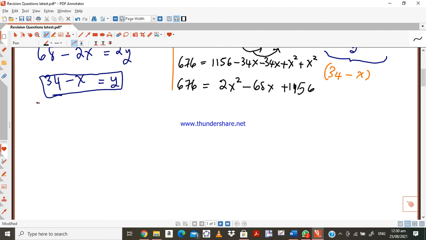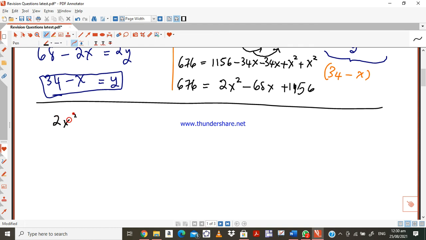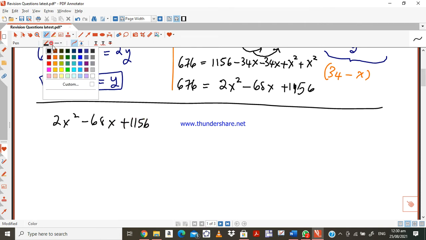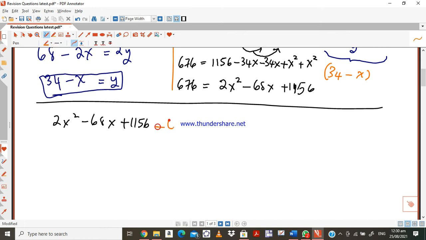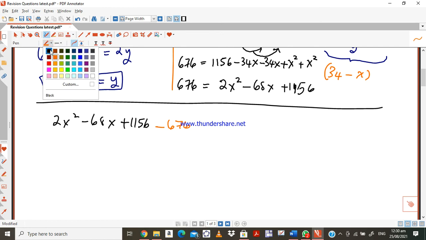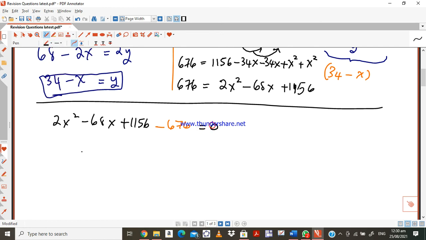So I have got 2x squared minus 68x plus 1156. And then you will obviously agree with me that you are going to subtract 676, and that should equal 0. So you get 2x squared minus 68x plus 480 equal to 0.